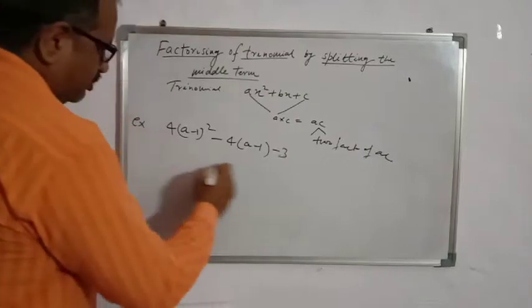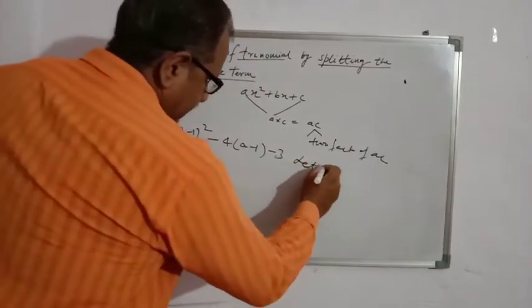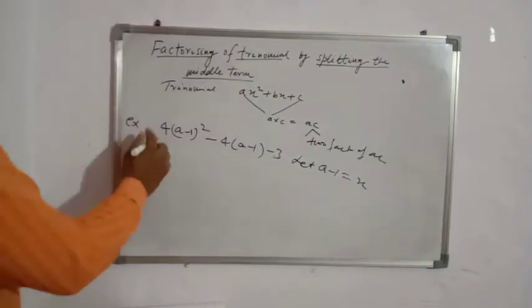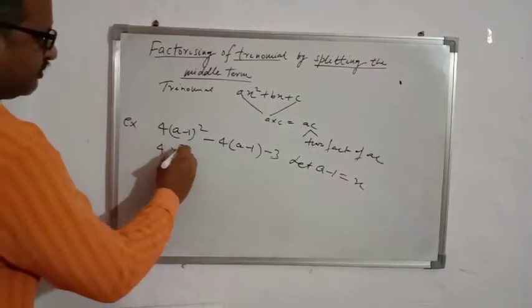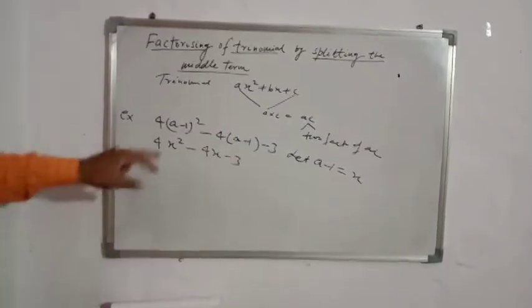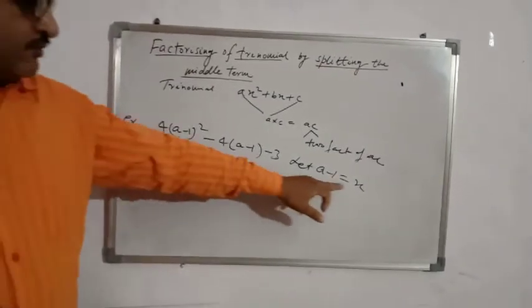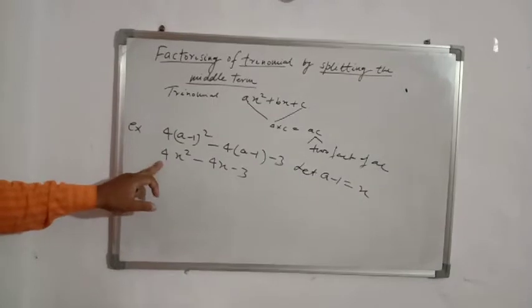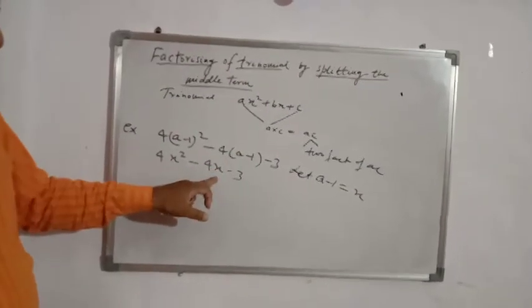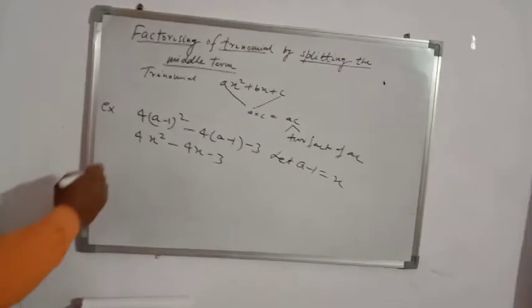In this problem we will suppose let a minus 1 is equal to x. Then we can write it as 4x square minus 4x minus 3. So we can write 4x square, a minus 1 is x, minus 4, a minus 1 is x, minus 3.